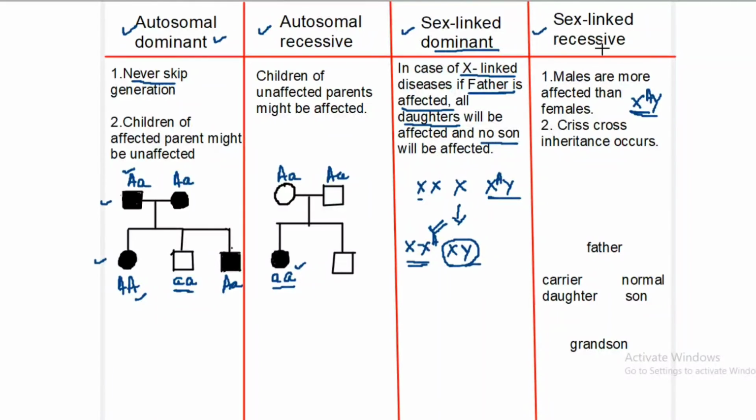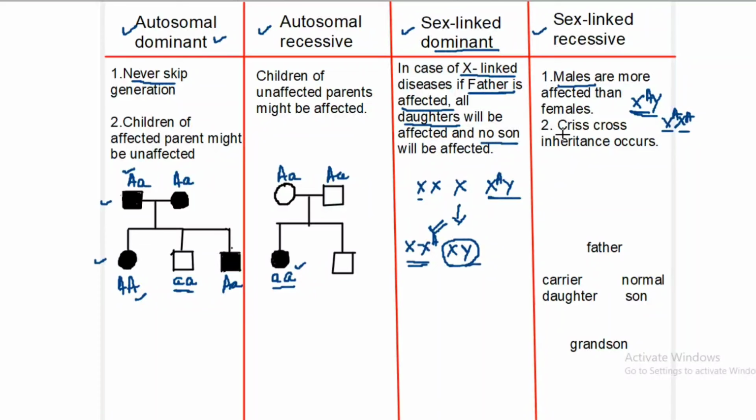But because it is recessive, in the case of a female we need two affected alleles, on both X chromosomes, for the female to be affected. So one affected allele causes illness in males, but two are required in females. So males are more affected than females in sex-linked recessive disorders.